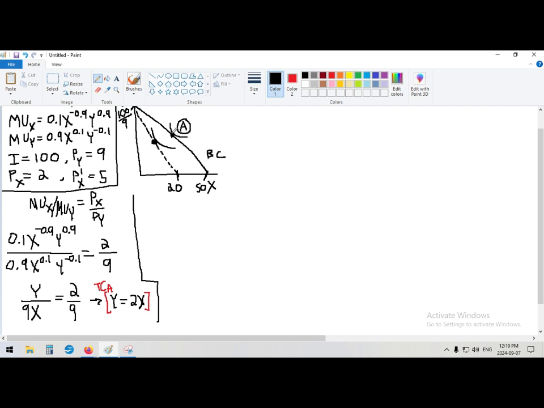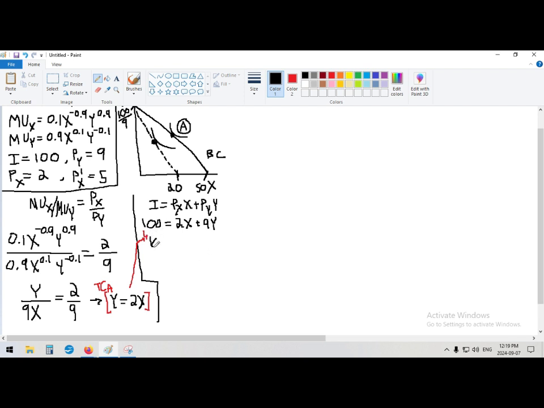And then to find the second point, we have to use the budget constraint. The budget constraint is income equals spending. So I equals PXX plus PYY. We have income 100. The price of X in the first case is 2. Price of Y is 9. Let's combine these two equations together, and wherever we have a Y, we can just plug in 2X.